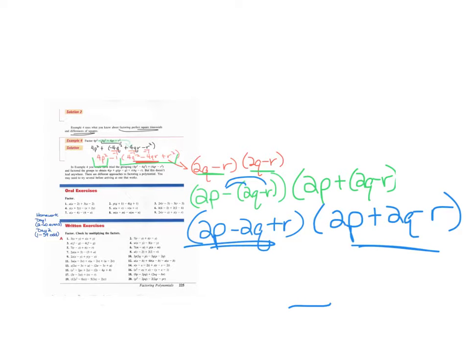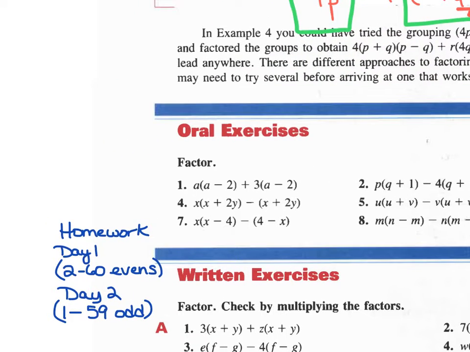So again, this lesson is very similar to what you just did. When you go to look at the beginning problems, they're super easy because they're already factored for you. So for example, let's look at oral exercise number 1. Notice here, it's already factored for you.